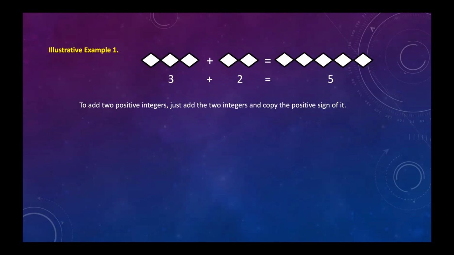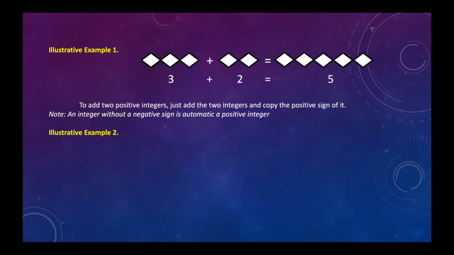To add 2 positive integers, you just have to add the 2 integers and copy the positive sign. Diba? Copy the positive sign of it. Okay na? Okay, note, an integer without a negative sign is automatic a positive integer. So pag wala ka nakitang negative sign dyan, automatic the number is positive.